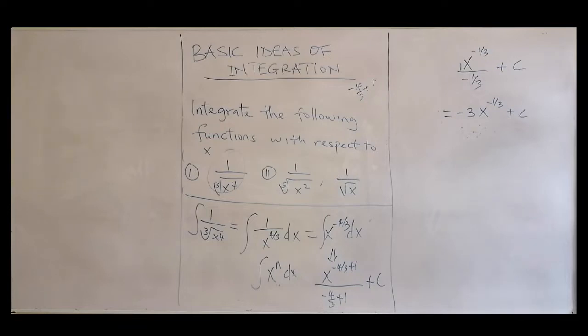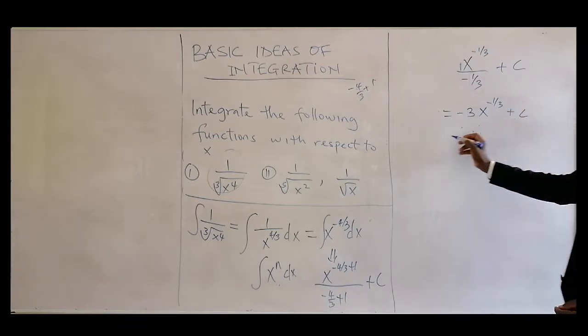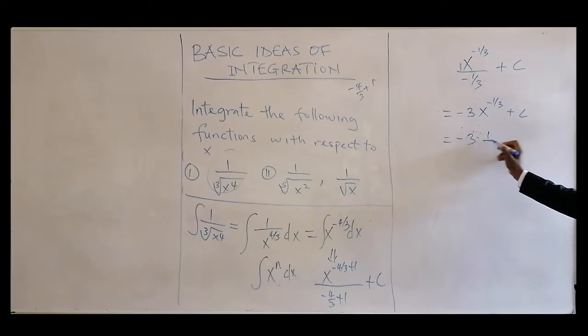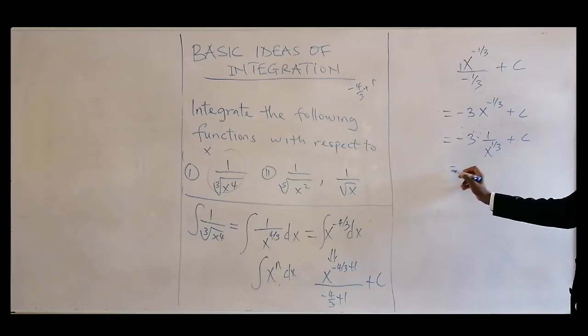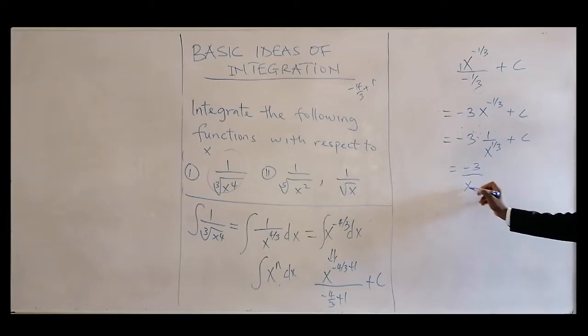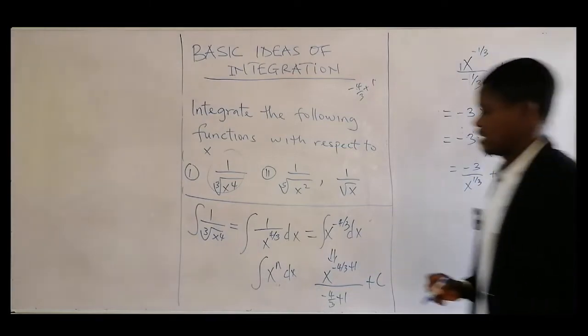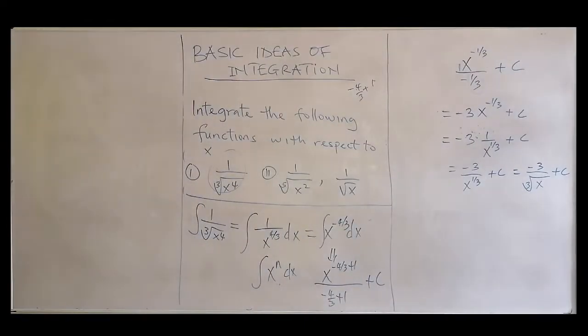You can go further to remove this minus, which will be equal to minus 3 times 1 over x to the 1 over 3, plus c, which is minus 3 over x to the 1 over 3, plus c. And if you like, it could be minus 3 over the cube root of x plus c. So that's that on that question.